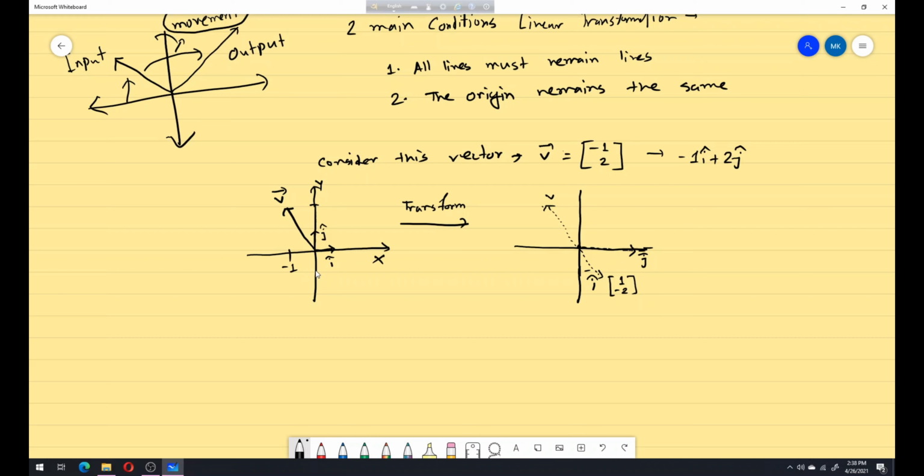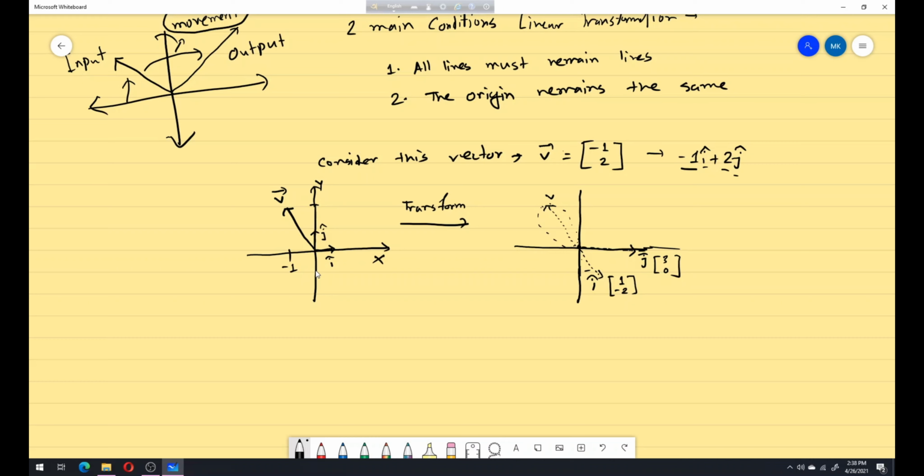J cap prime. Okay, and let's say this is 3 0. Now what should be the picture of this particular vector if the bases are changed like this? So you'd have the same linear combination, -1 for I cap and 2 for j cap.